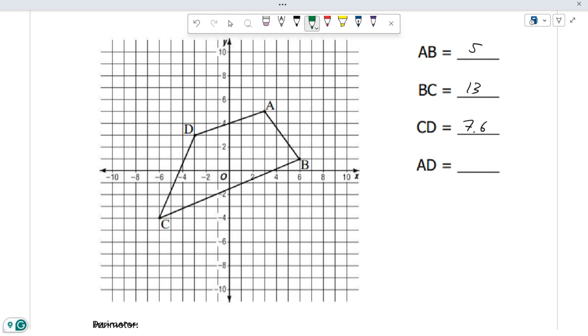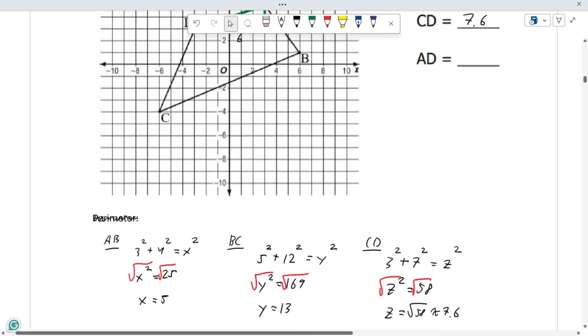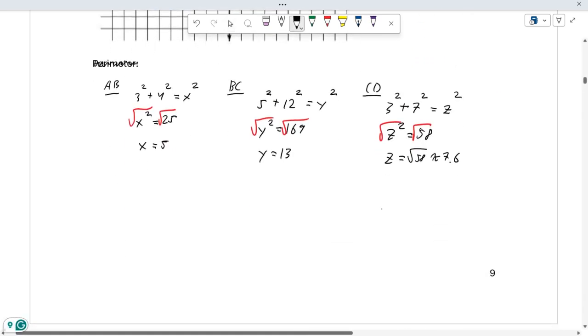And last but not least, AD, which is this triangle right here. My vertical leg is 2, and my horizontal leg is, what is that, 6? And we're looking for W. So we're finding AD.